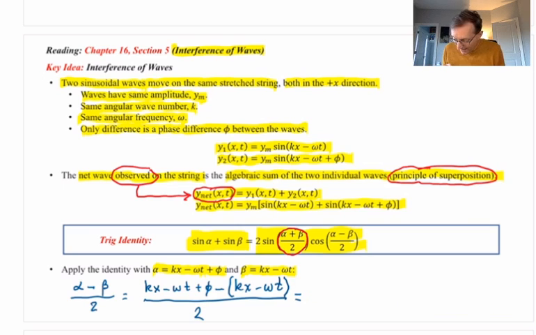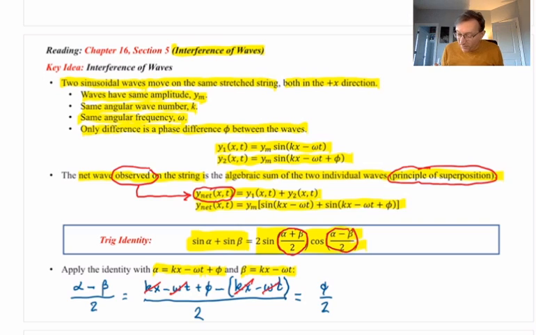Let's see what we do get. Well, now we've got a kx minus a kx. That cancels. And we have a negative omega t plus an omega t. That cancels. Wow, all that's left is phi over 2. That's it. So that's going to get put inside the cosine here.